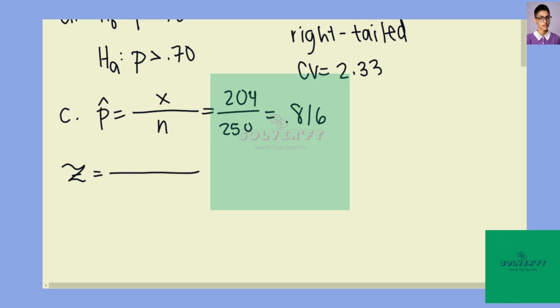And then we need to find our z value, which is equal to p-hat minus p, over the square root of p times 1 minus p over n.